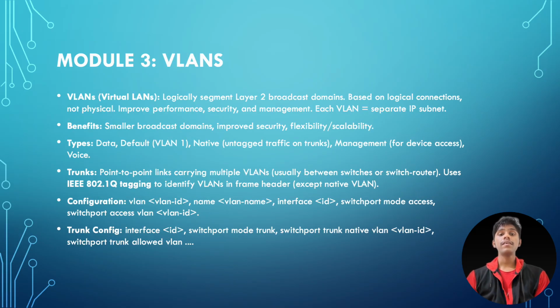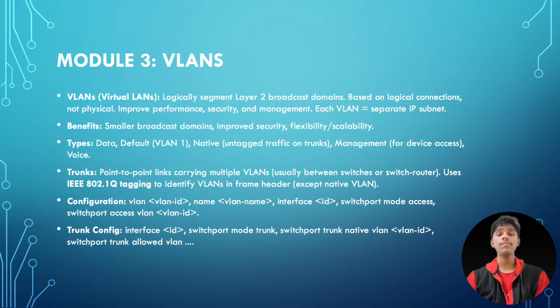In module 3, it introduces a really important concept, that is VLANs or virtual LANs. VLANs let us take one physical switch network and chop it up into multiple logical networks or broadcast domains. Devices in one VLAN can talk to each other but not directly to devices in other VLANs, even if they are plugged into the same physical switch.